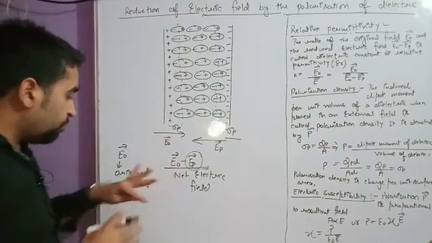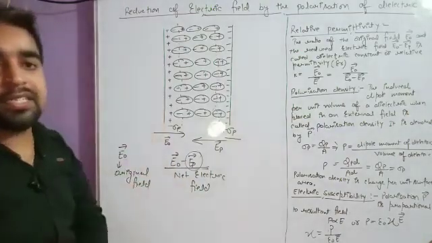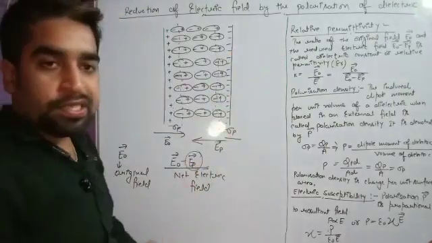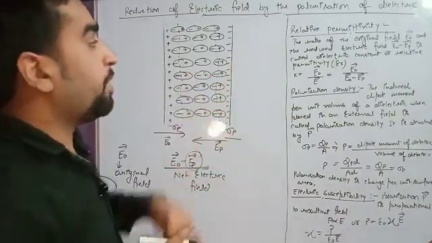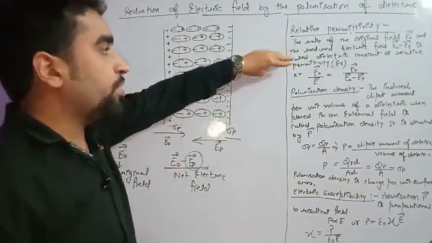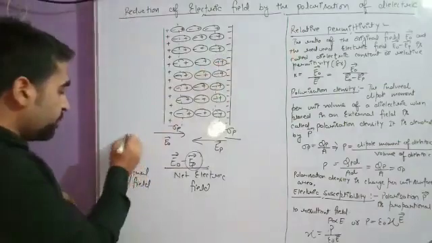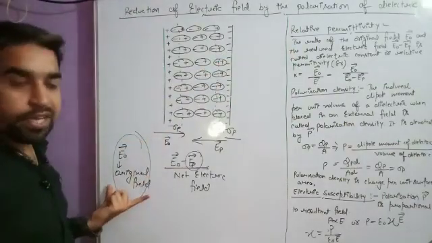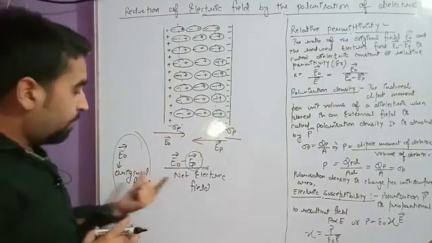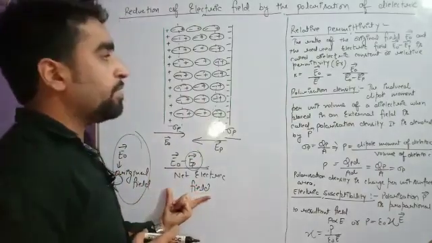So students, because of all these concepts which we have studied, there are a few terms we have to study. The very first term is relative permittivity. Relative permittivity is the ratio of the original field E naught, which is applied by us, to the net electric field, that is E naught minus EP.